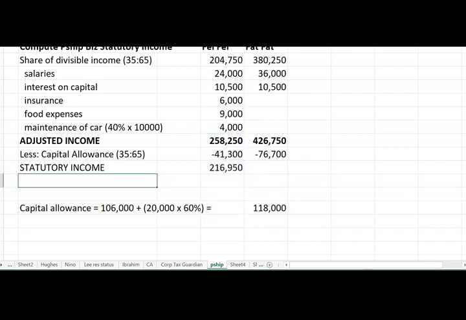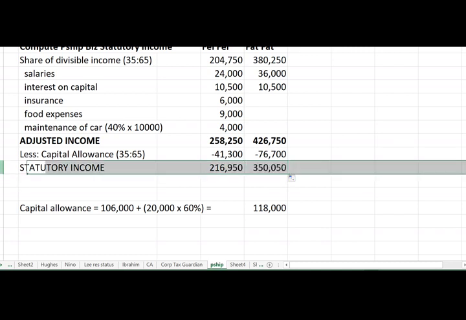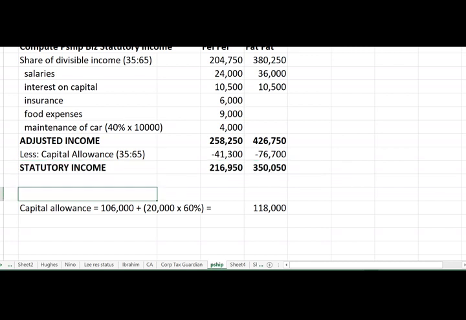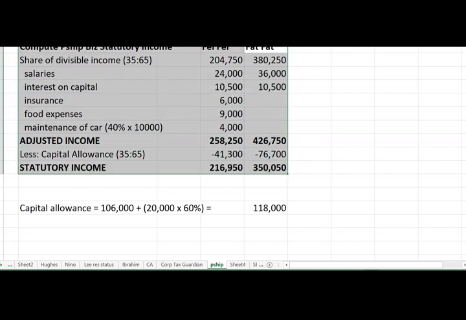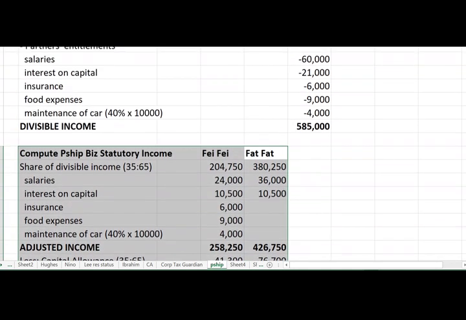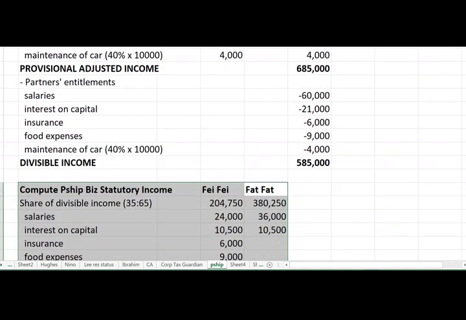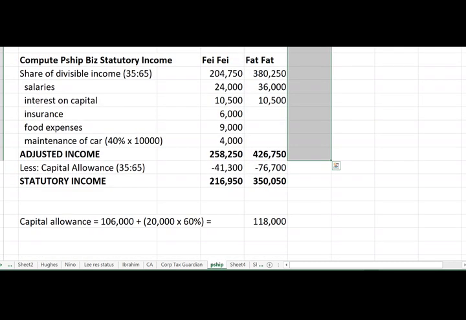So let's get a summation of that. 216,950 and 350,050. Now this is the answer to part A. So you cannot do this part if you do not have the PAI and DI. So it's together. The question didn't ask you, but it's together.